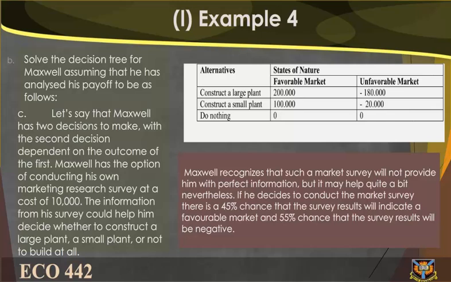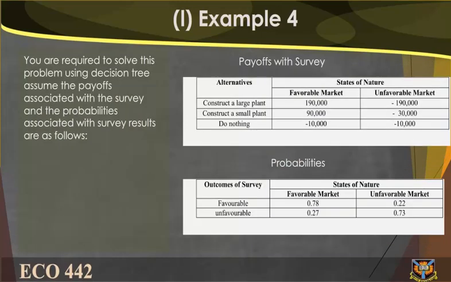Maxwell recognizes that such a market survey will not provide him with perfect information, but it may help quite a bit nevertheless. If he decides to conduct the market survey, there is a 45% chance that the survey results will indicate a favorable market and 55% chance that the survey results will be negative. You are required to solve this problem using a decision tree.